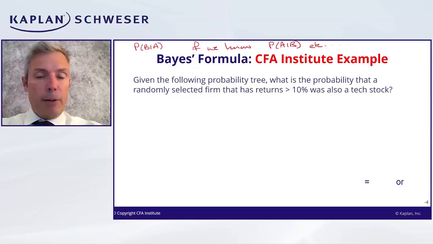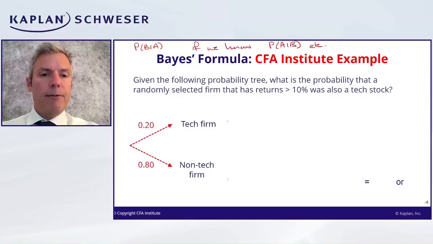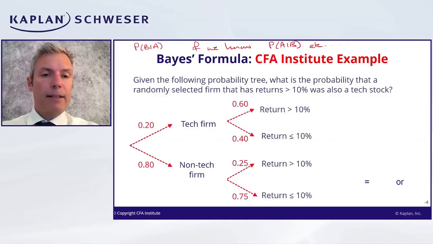You don't need to use the formula. We'll look at the formula in a moment, but let's use a tree instead because that's a lot more intuitive and a lot easier. So look at this probability tree here. We're conditioning upon whether we've picked a tech firm or a non-tech firm. That's the thing you're conditioning upon. If you've got a tech firm, the chance that you get a return above 10% is 0.6.